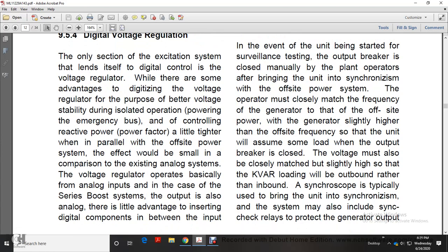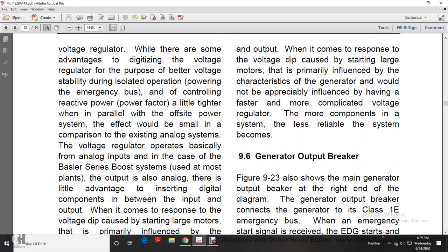In the case of the Sears booster system, the output is all along analog. There is a little advantage to inserting digital components in between the input and output. When it responds with the voltage dip, the coil of the starting and large motor, prominently influenced with the character of the generator, would be not be appreciably influenced. Having the faster, more complicated voltage regulator, the more components of the system, the less reliable the system becomes. And that was actually spoken twice.